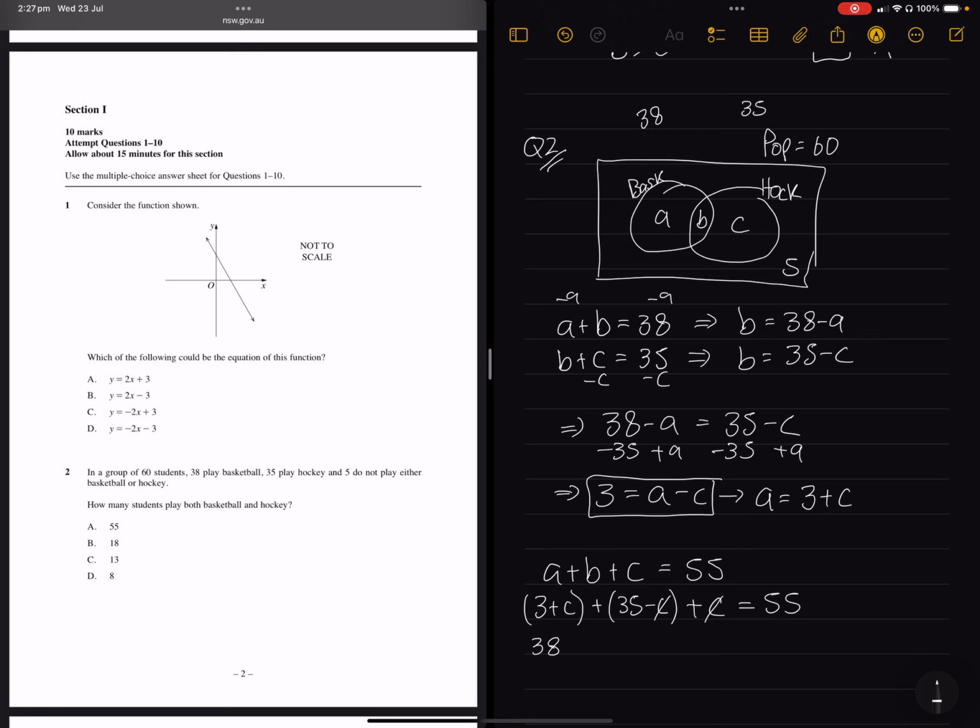We have minus C plus C cancel. So we have 38 plus C is 55. Minus 38 from both sides. This tells us that C is 17.